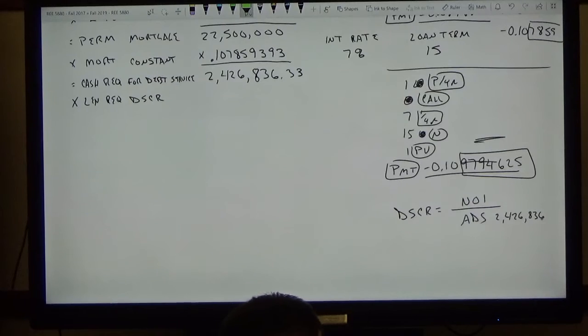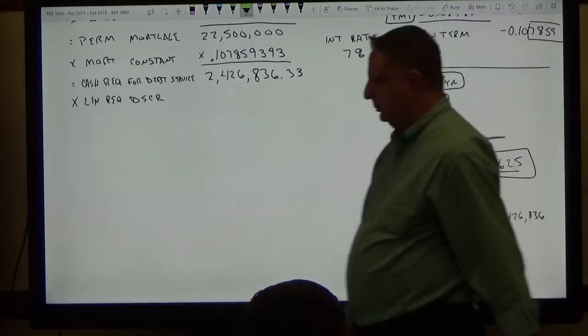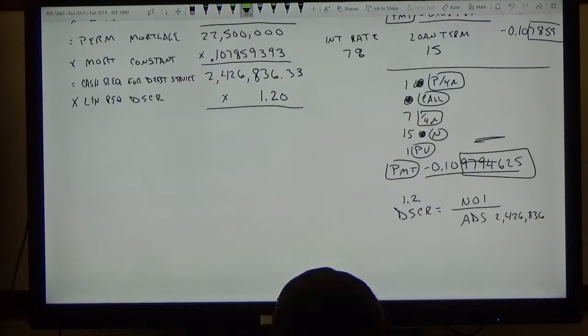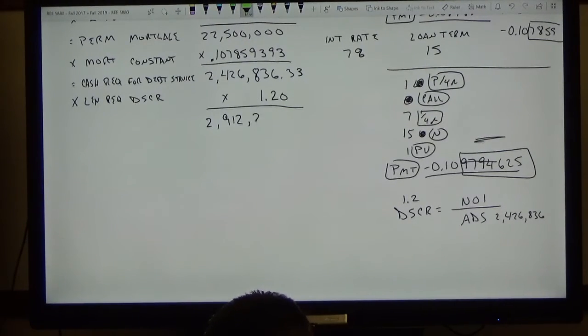Give me a number. 1.2. So that would mean a 20% cushion for the debt relative to the income. If we put in 1.2 as our debt service coverage ratio, that gives us $2,912,203.59, or 60 cents rounded.